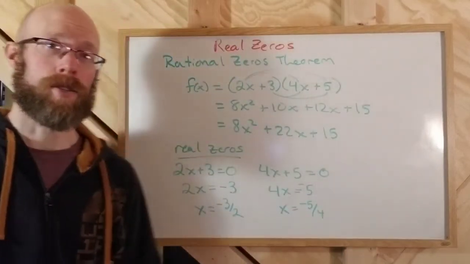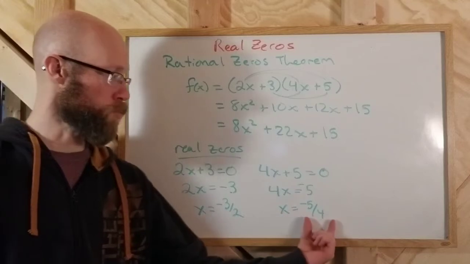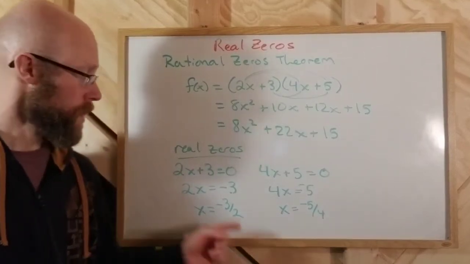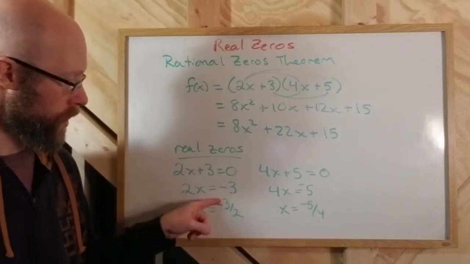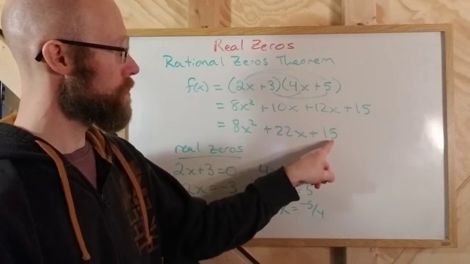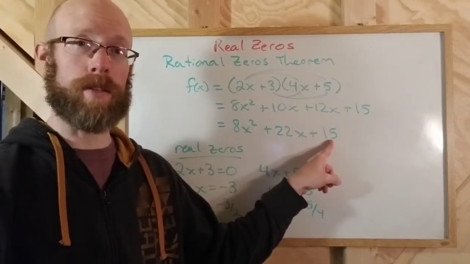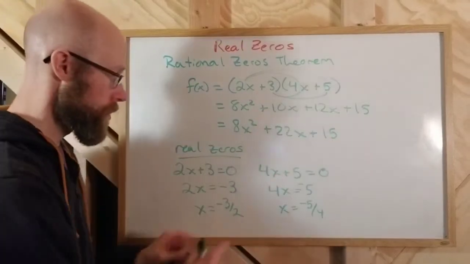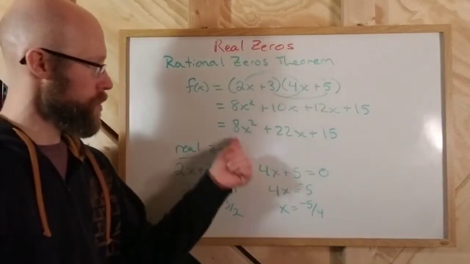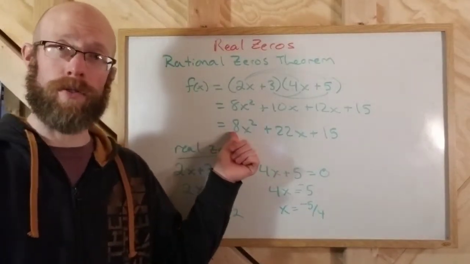Whenever you have rational zeros, these are rational because they're fractions, notice the numerators, the negative 3 and the negative 5, will always be factors of the constant term in the standard form. The denominators, the 2 and the 4, will always be factors of the leading coefficient.